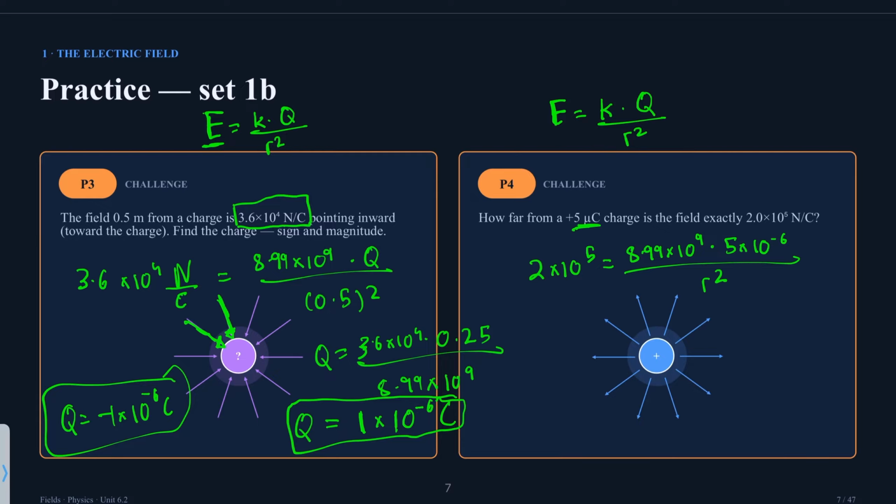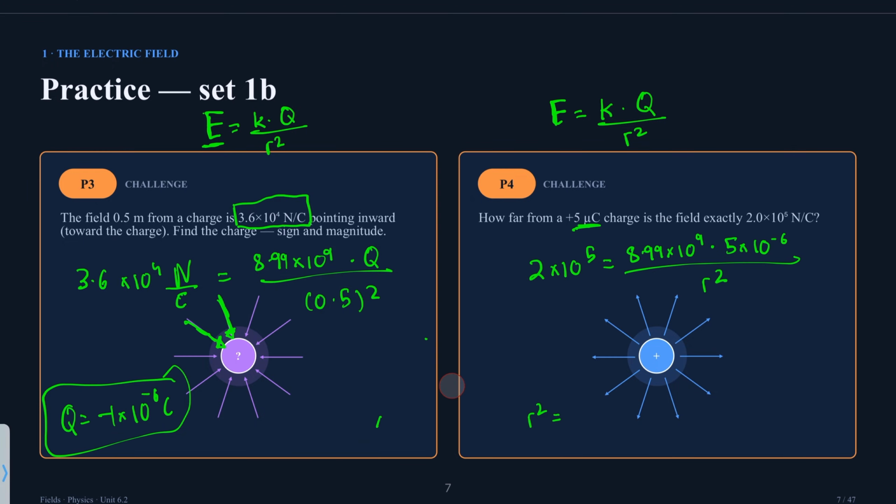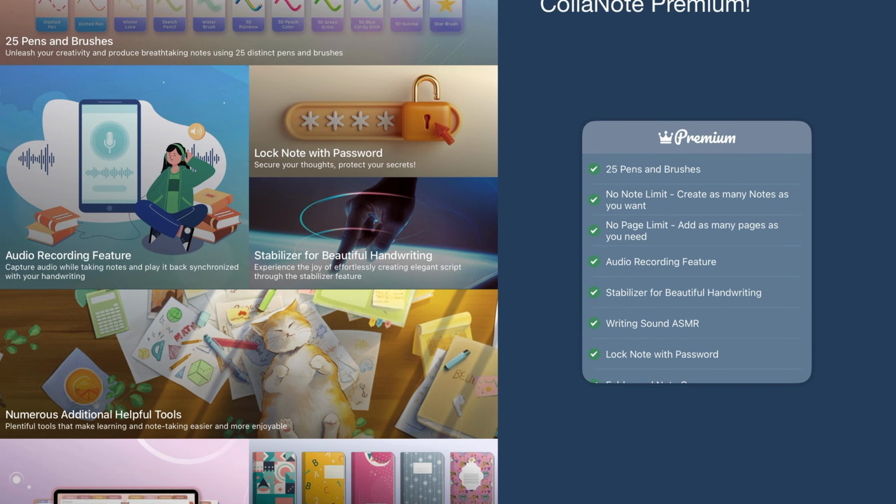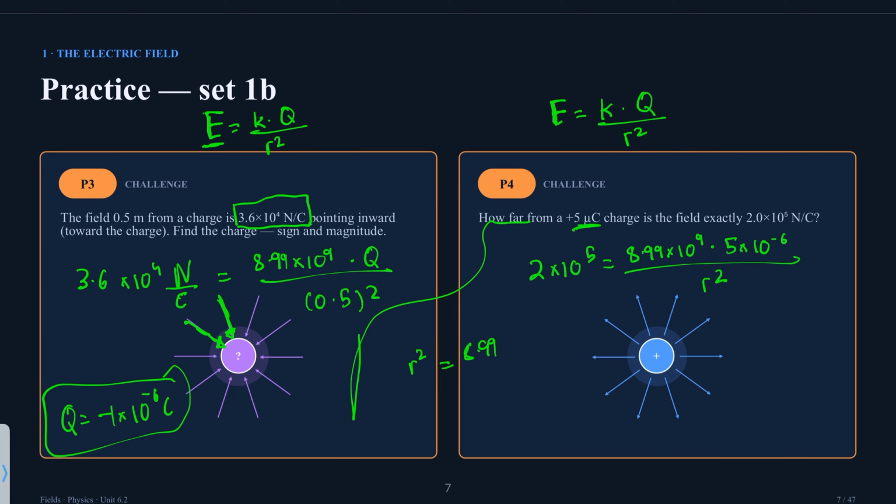So R squared is just, let me erase this stuff here so I have more space. R squared is 8.99 times 10 to the 9 times 5 times 10 to the negative 6 over 2 times 10 to the 5.